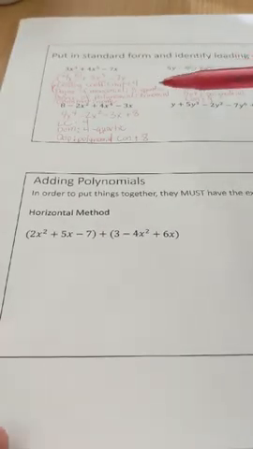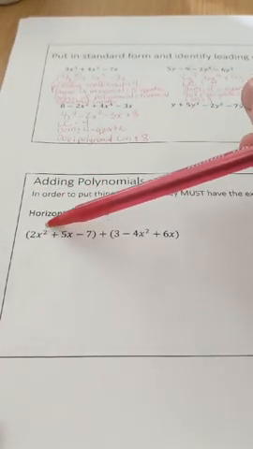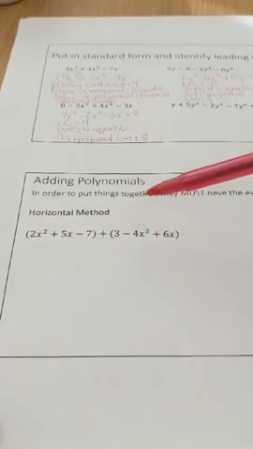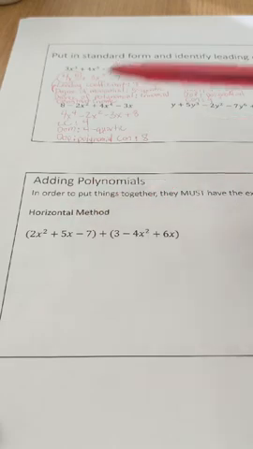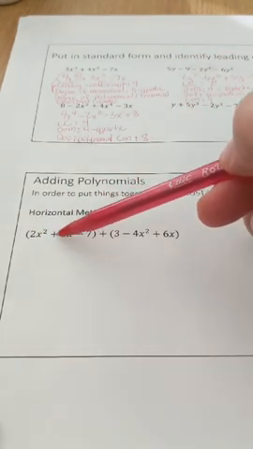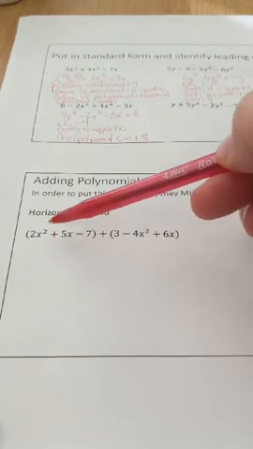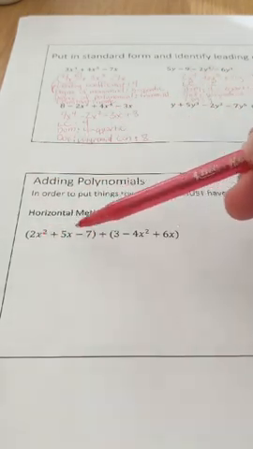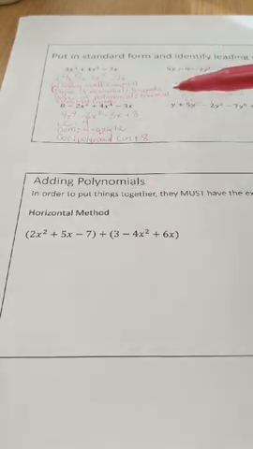So something you need to realize is that you cannot add polynomials that have different exponents. So like 2x to the second can't be put together to 5x because these are completely different things. It's like a label. It's like broccoli and cookies. We can't put those together.